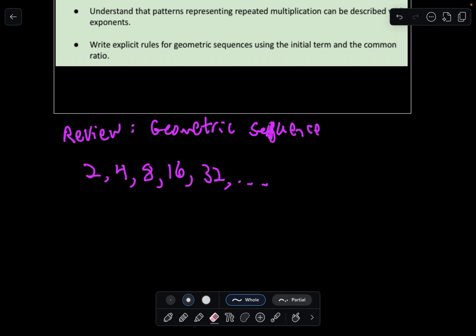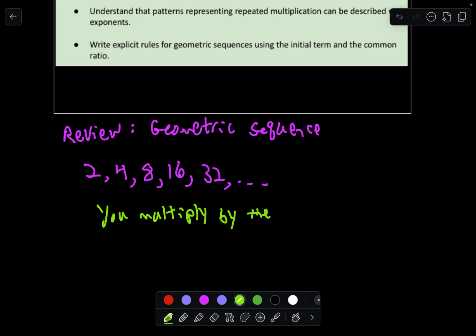A geometric sequence means that you're multiplying, okay? You multiply by the same number to go from one term to the next.